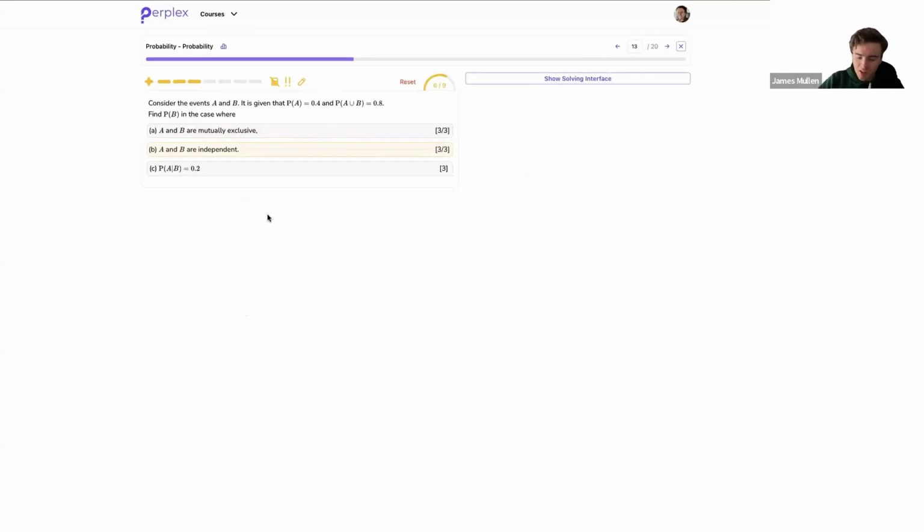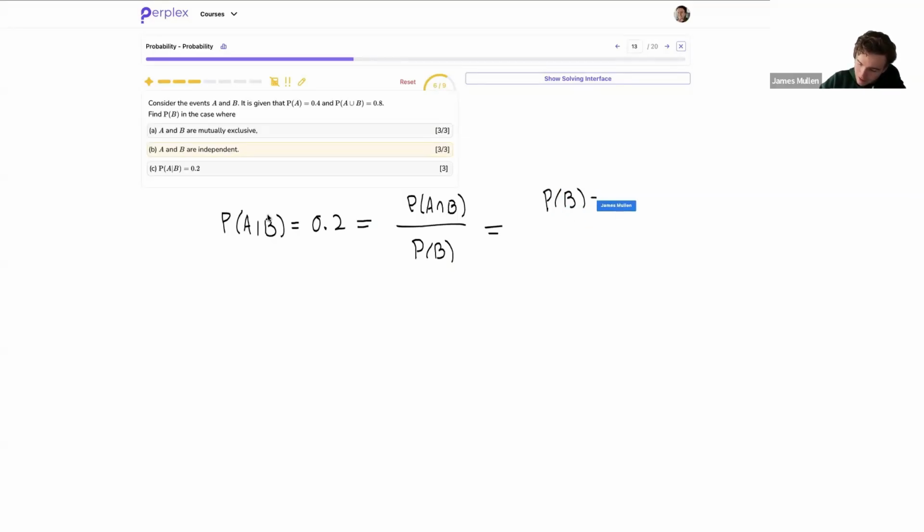We're actually given the conditional probability P of A given B is equal to 0.2. And let's remember that that's equal to P of A intersection B over P of B. And we found that the intersection was equal to P of B minus 0.4, right?